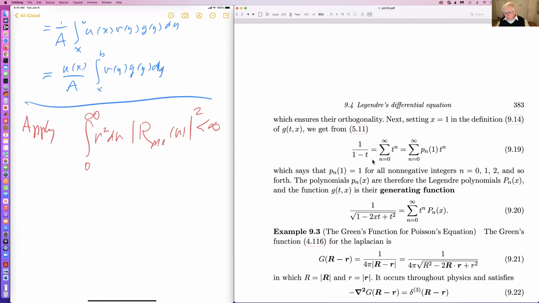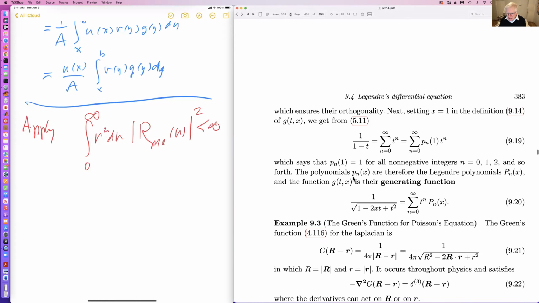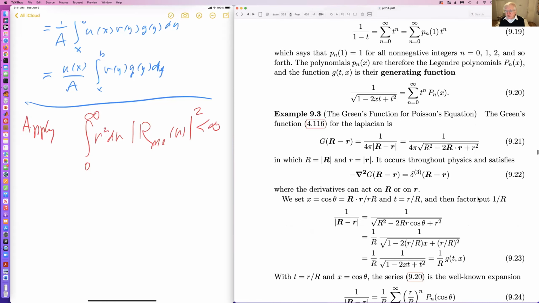On the other hand, 1 over 1 minus t is the sum of t^n, at least for small t. And so picking off the coefficients, we see P_n(1) has to be equal to 1. So these P_n's are the Legendre polynomials, and g of t and x is their generating function.